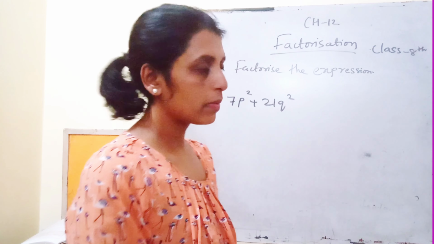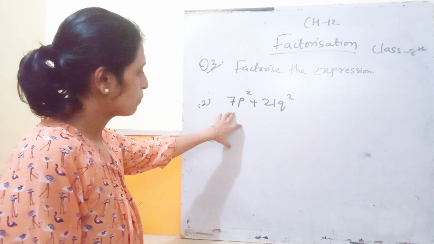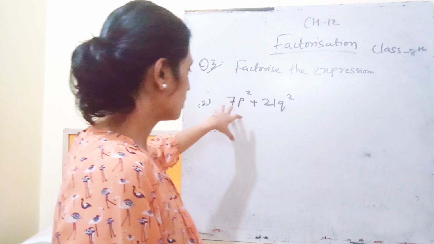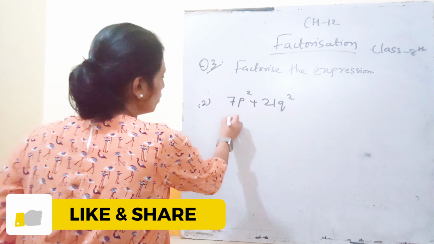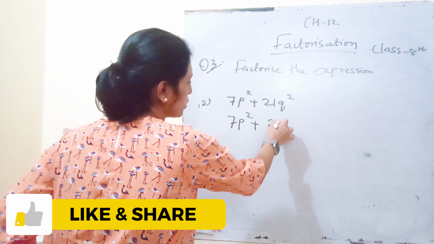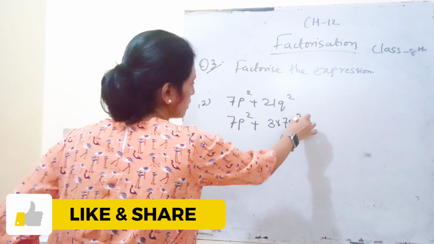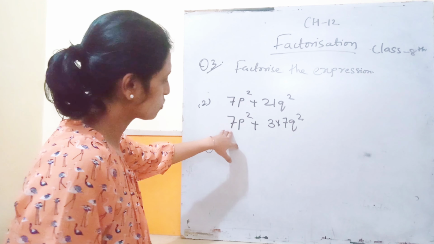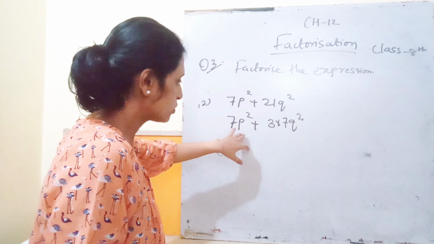The second part says it is 7p square plus 21q square. We have to factorize this expression. So 7p square, and children, 21 can be written as 3 into 7, isn't it? Now we have got one common factor. This constant 7 is common to both the terms.